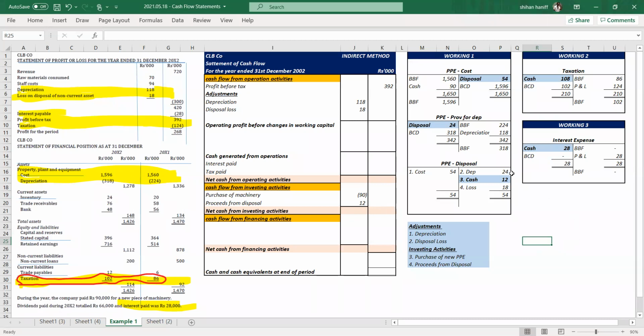Right. Cash 28 in interest expense means that is the cash payment. Interest paid was 28. This is the interest expense. So the expense was paid. That is why there is no payable balance. Expense and the payment both are the same.